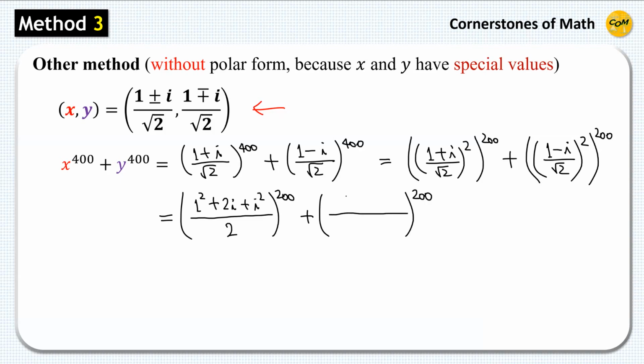And for the second one, we have 1 squared minus 2i plus i squared over 2. Here, 1 squared and i squared get cancelled out. So it is just i to the power of 200 plus minus i to the power of 200, which can be easily calculated using the fact that i to the 4th power equals 1. So they are both 1, which gives 2.